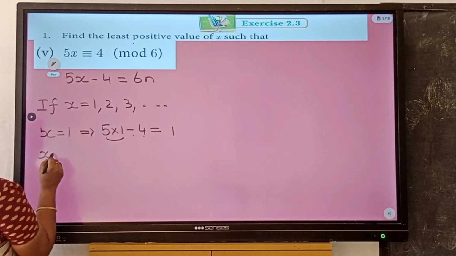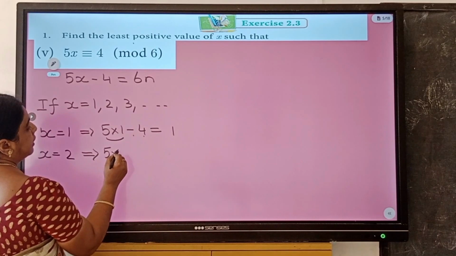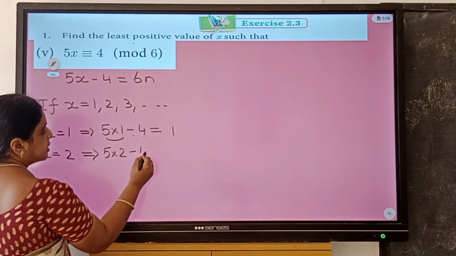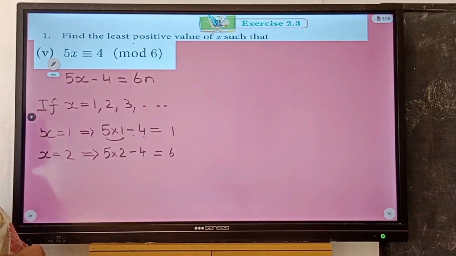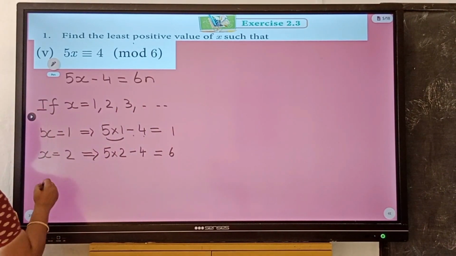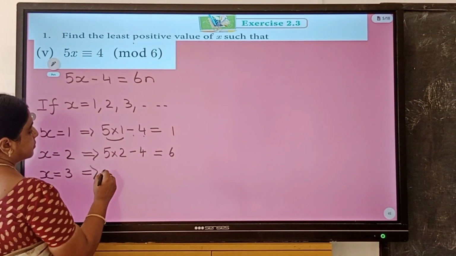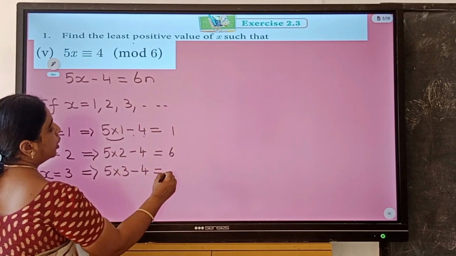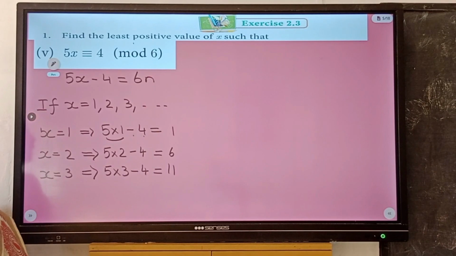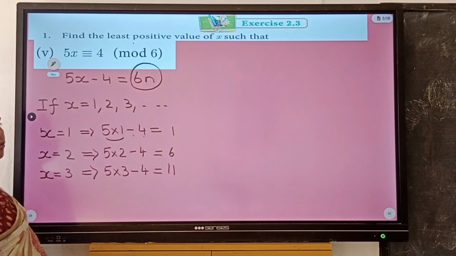So next I take x to be 2. When x is 2, 5 into 2 is 10, minus 4 will be 6. So 6 is a multiple of 6. 6 ones are 6. Now when I take x equal to 3, 5 threes are 15. 15 minus 4 will be 11, which is not a multiple of 6.